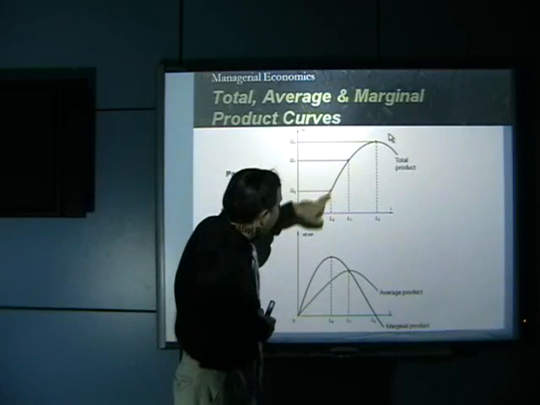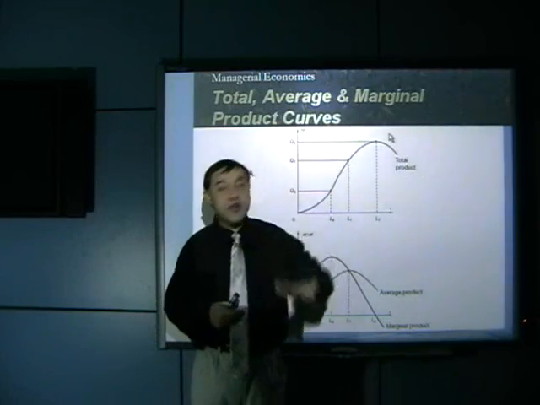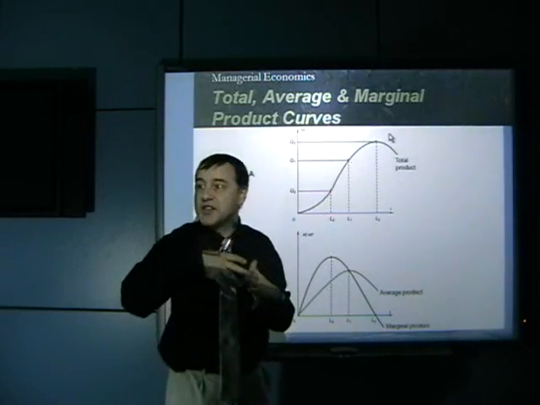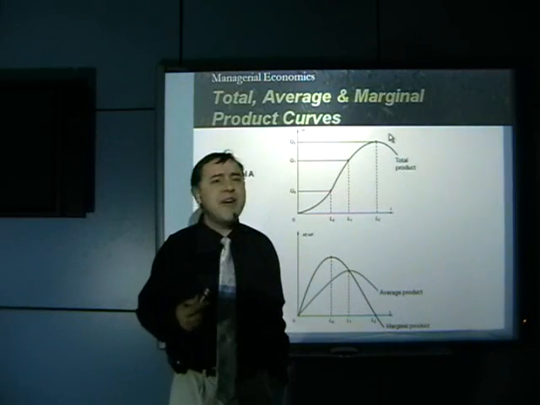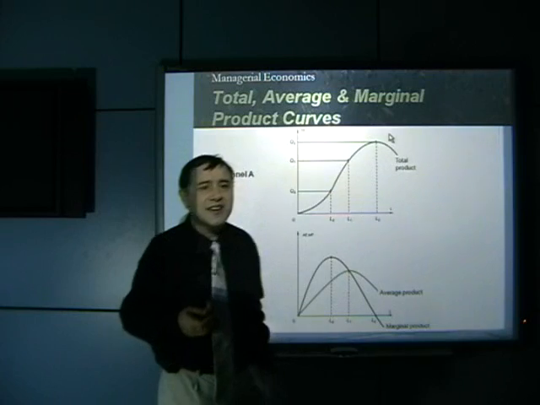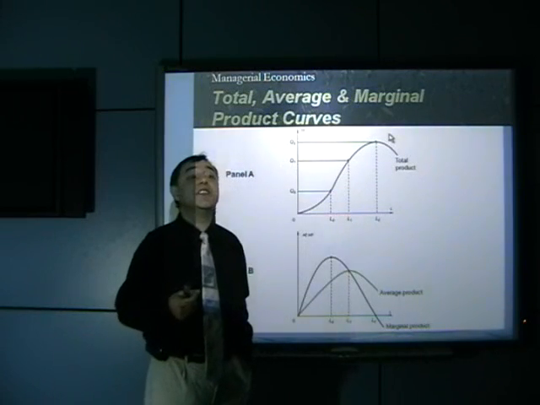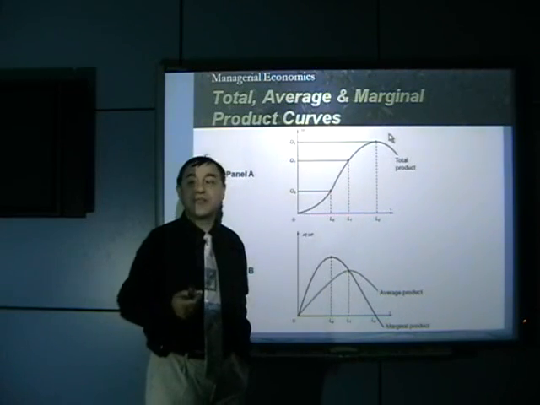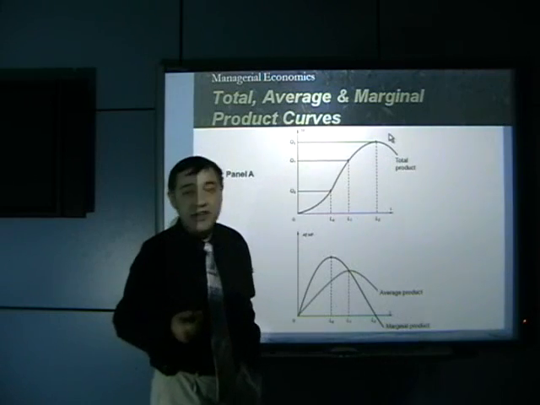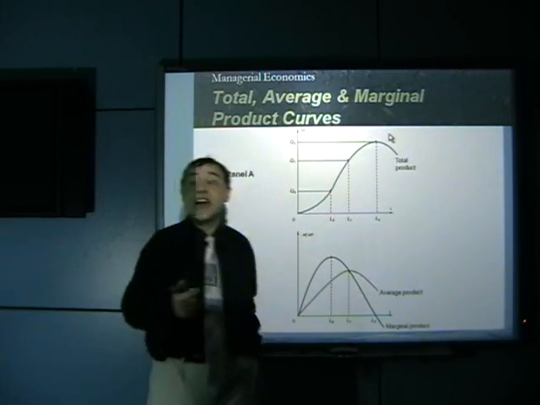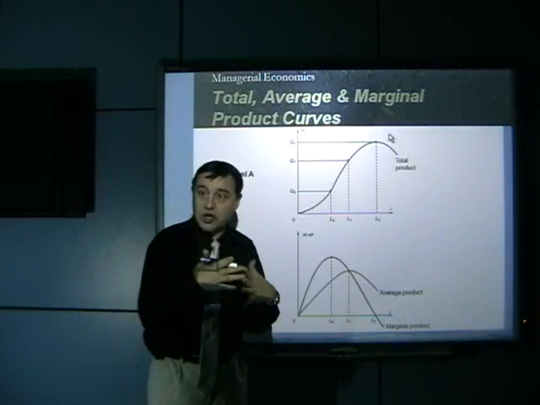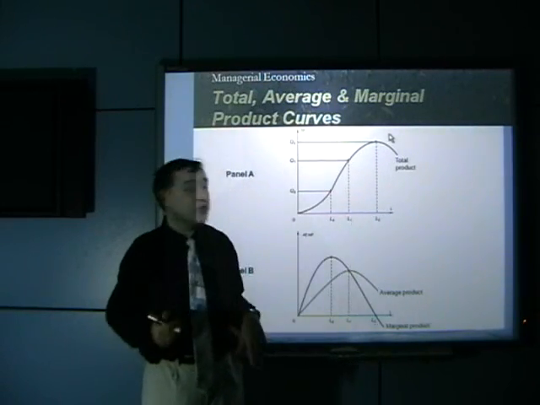This point here, L0, where concavity changes to convexity, is called, in mathematics, anybody? It's called an inflection point. Inflection point is where concavity changes to convexity and vice versa. In other words, when the curvature changes from one type to the other.